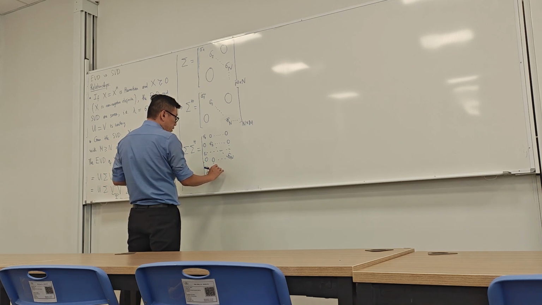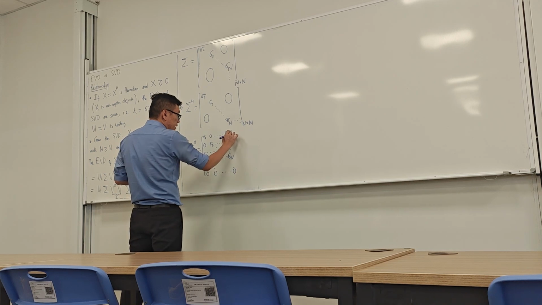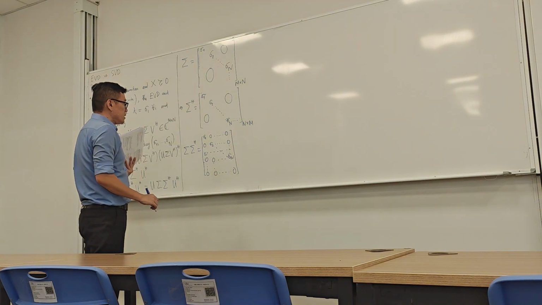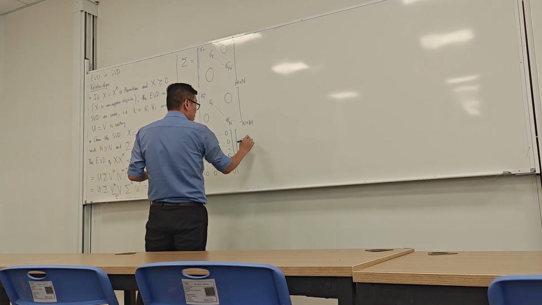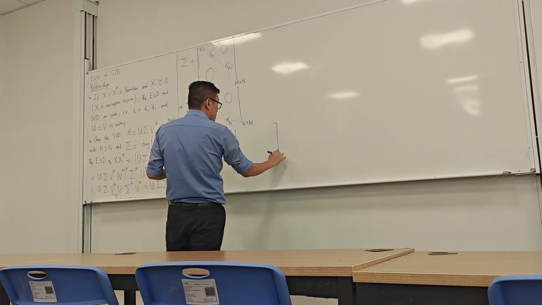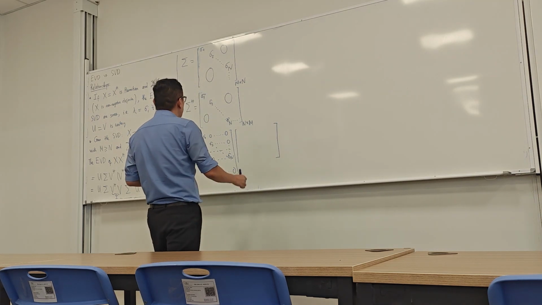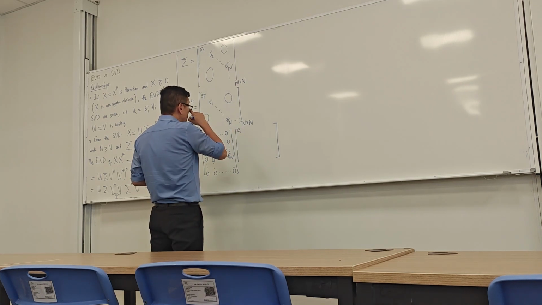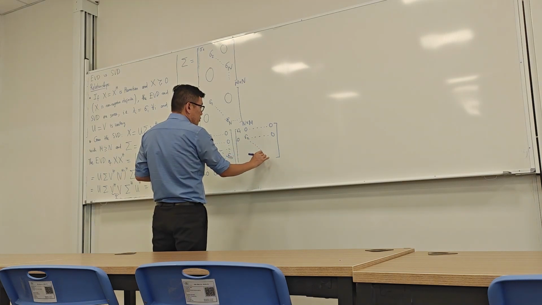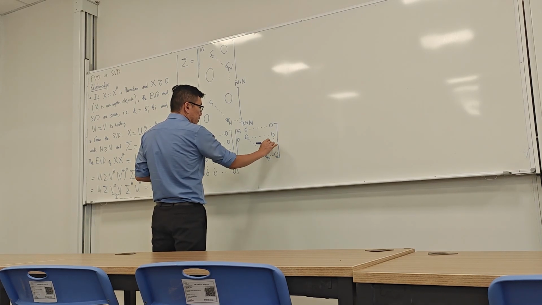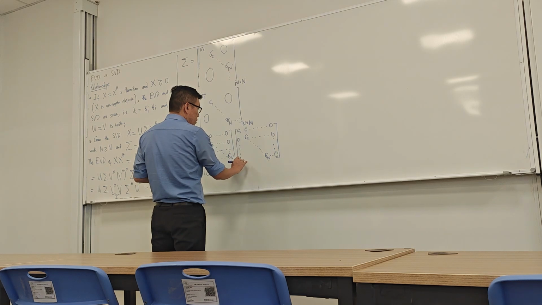This is sigma, and sigma^H is sigma 1, 0, and so on, sigma 2, and so on, up to sigma n, with all 0 down here.